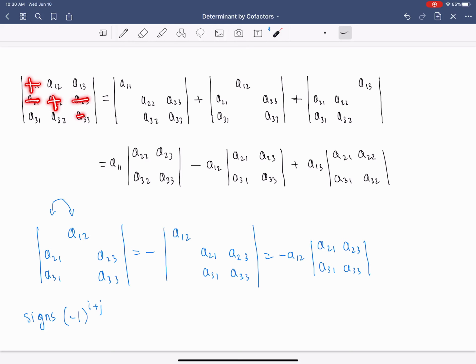Then I can continue down, plus, minus, plus. You see the signs have to alternate. So again, plus, minus, plus, minus, plus, minus, plus, minus, plus. They always alternate, with this one always being plus. I can't always say that the last term is plus or minus because that has to do with the size of the matrix. Well, actually, I can't say because these two numbers are the same.